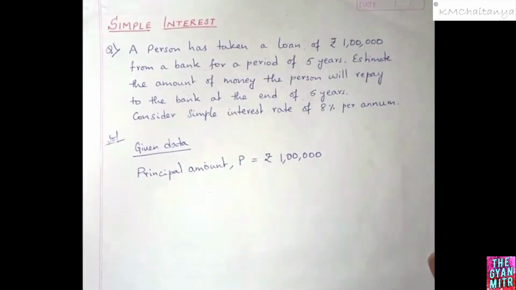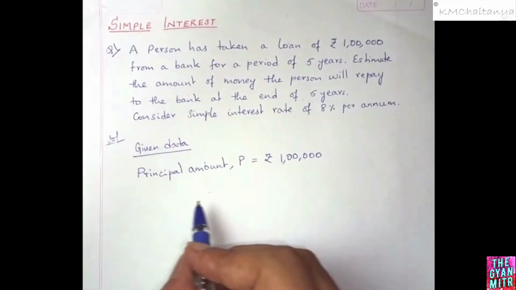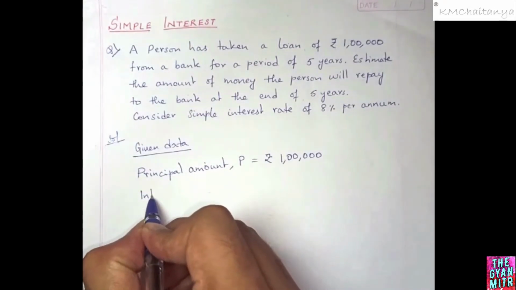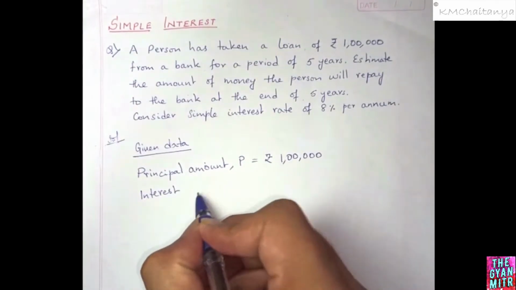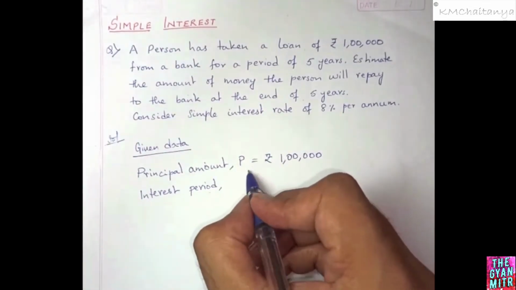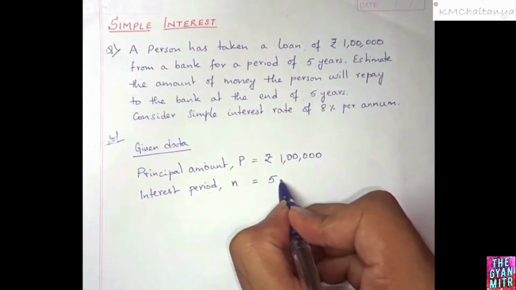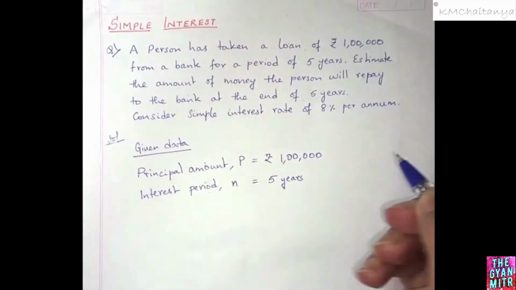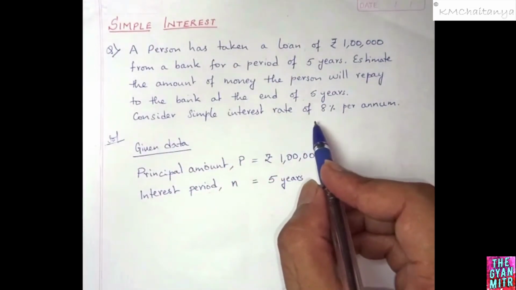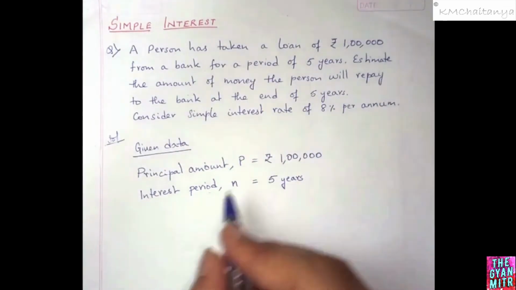Next, they have given us the period at which he has to repay. That is the interest period they have given, which is denoted as small n, which is 5 years. Next, they have given the simple interest rate the bank is going to charge for that particular loan.